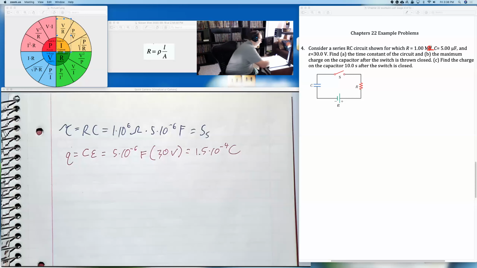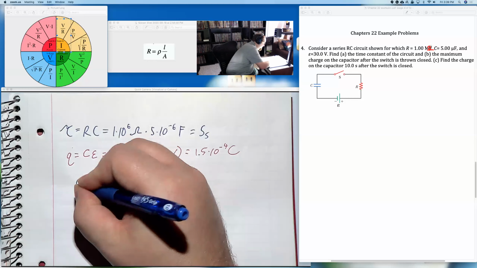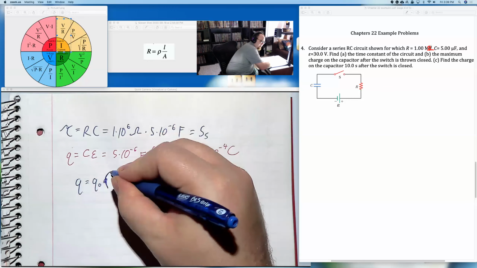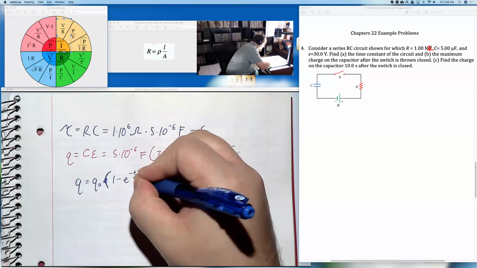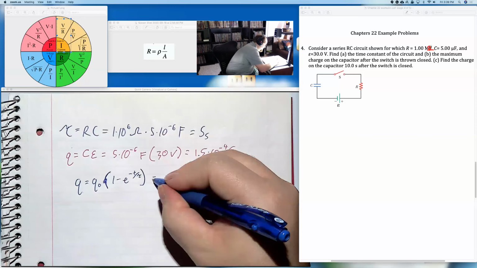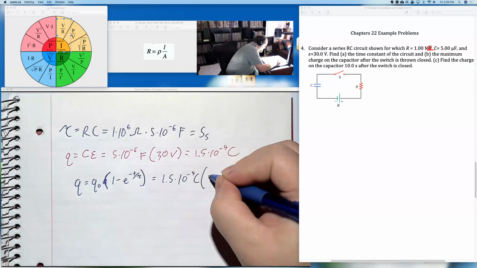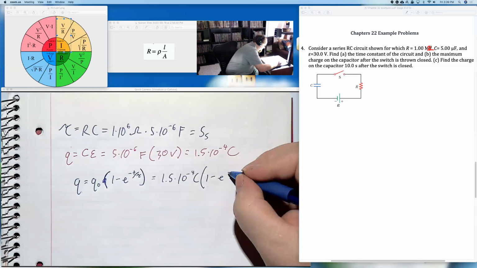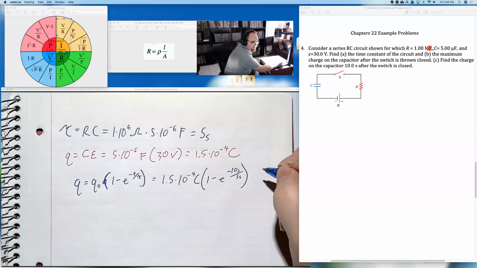When you charge a capacitor, the charge on the capacitor goes as a function of charge equals initial charge times 1 minus e to the negative t over RC, or negative t over tau. And therefore the charge is going to be the maximum possible charge times 1 minus e to the negative 10 seconds over 5 seconds.